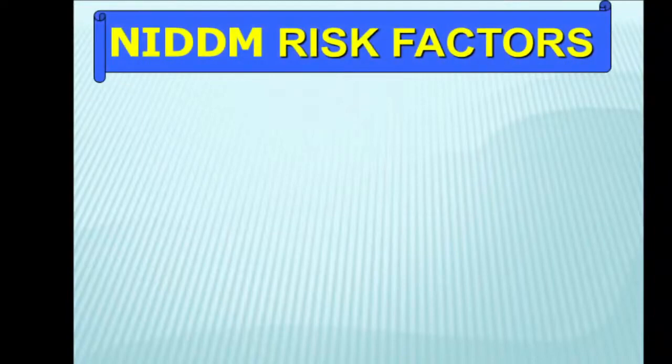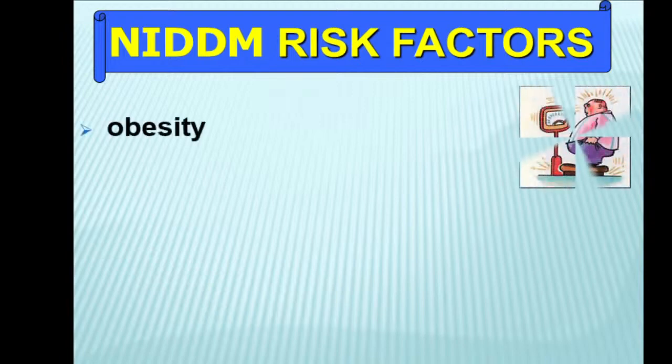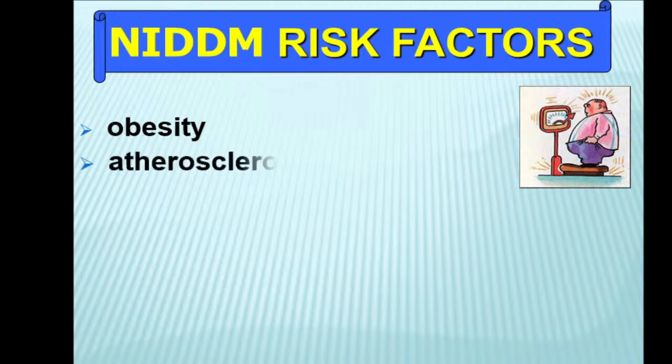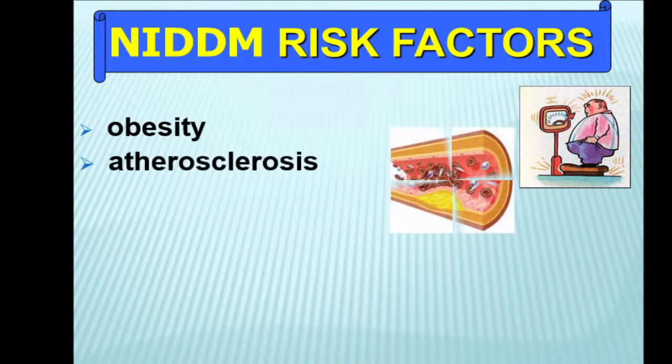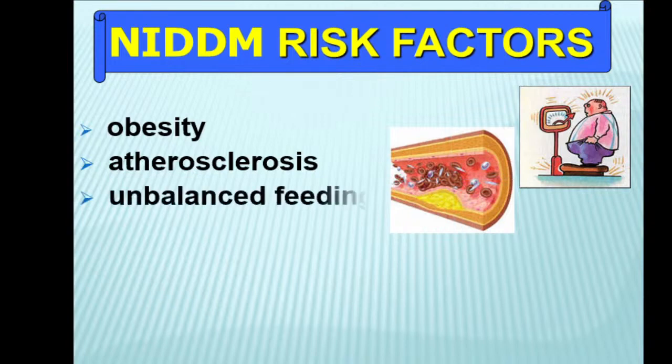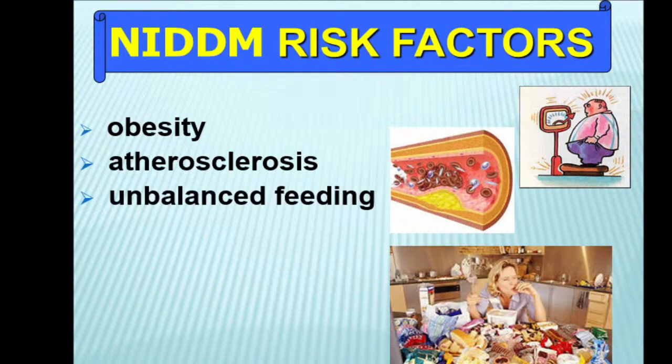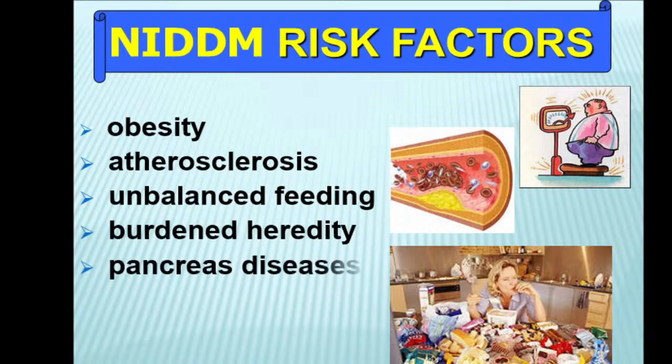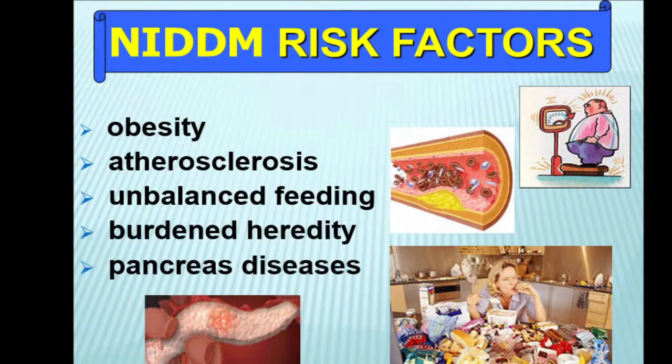Non-insulin dependent diabetes mellitus risk factors. First of all, it appears due to an abnormal lifestyle. Patients with obesity, and you know from previous lectures that obesity is a provoking factor of atherosclerosis. Patients with unbalanced feeding are predisposed to second type diabetes mellitus, because sensitivity of the tissue to insulin progressively decreases.